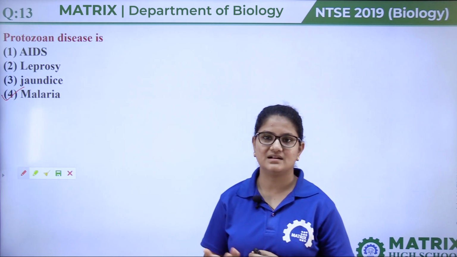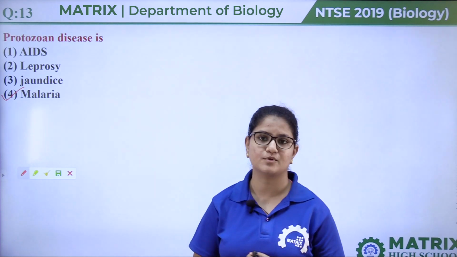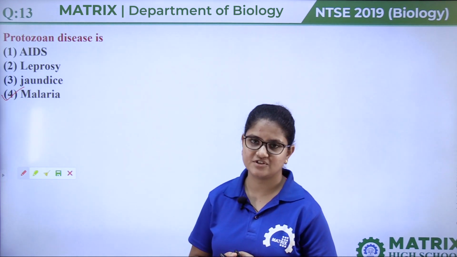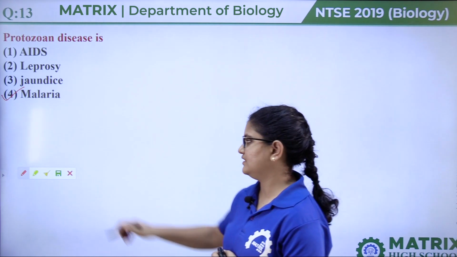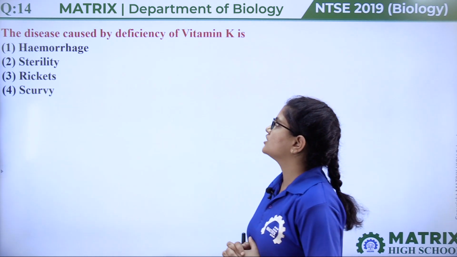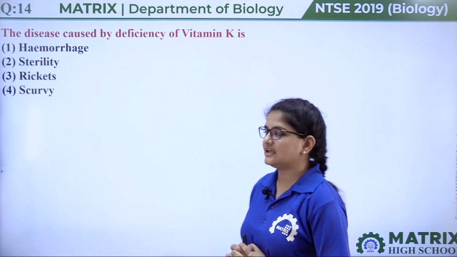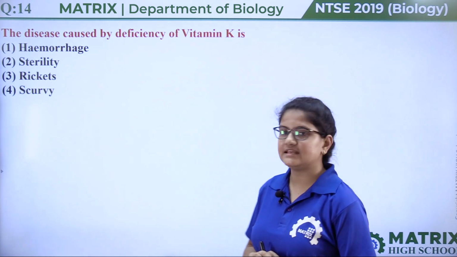Jaundice is again a viral disease, while malaria is caused by a protozoa, Plasmodium, which is spread through a vector, female Anopheles.